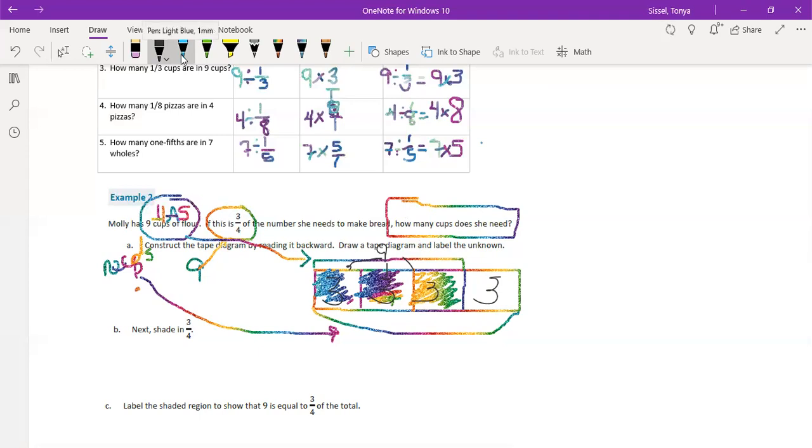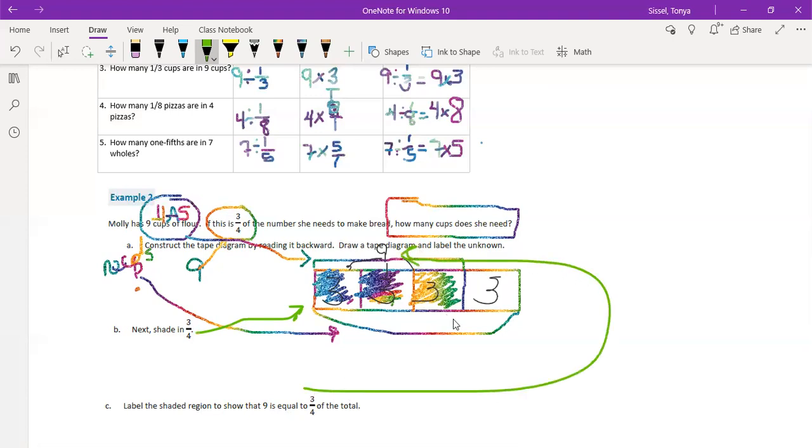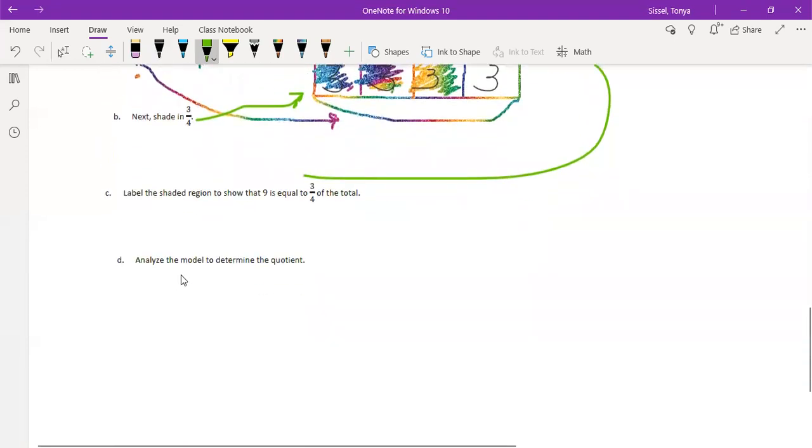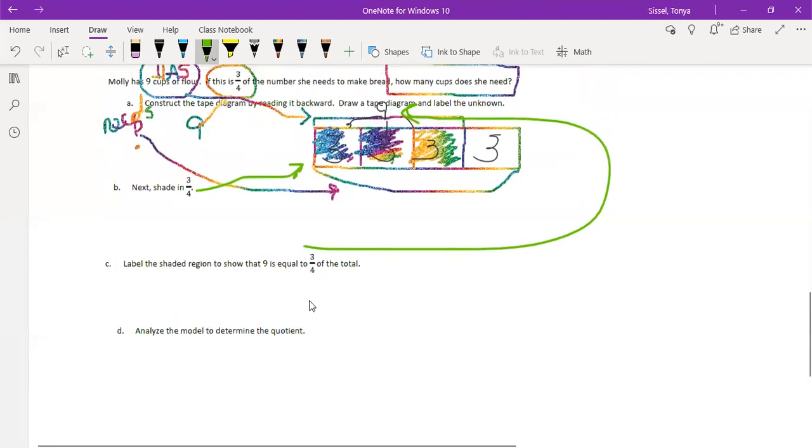Okay, now I kind of zoomed through that, and it's actually like 4 different steps here. So let me show you. Shade in 3/4. I did that. And then label it to show that 9 is equal to 3/4. I did that up here. And then analyze the model to determine the quotient.